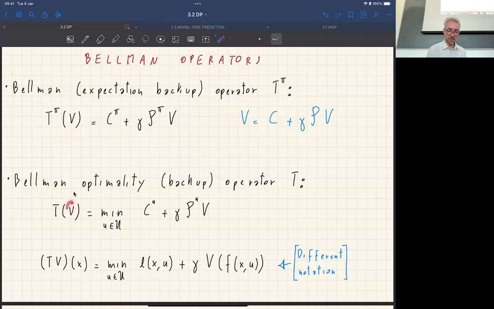We take a value function as input, and then we spit out a new value function, which is computed by solving this minimization for every state. Instead of evaluating U with a fixed policy, for every state, we figure out what is the optimal U that minimizes this expression.